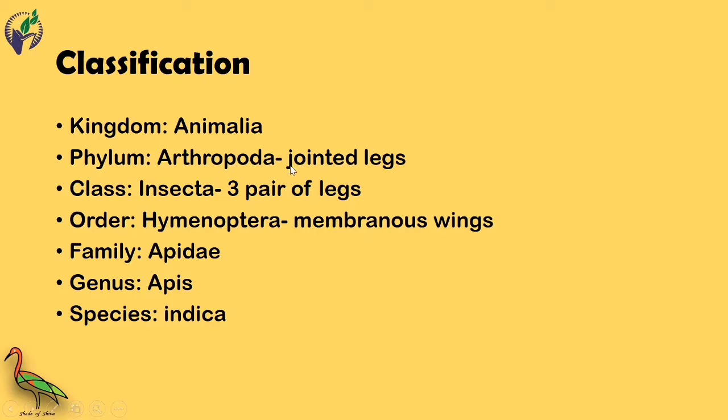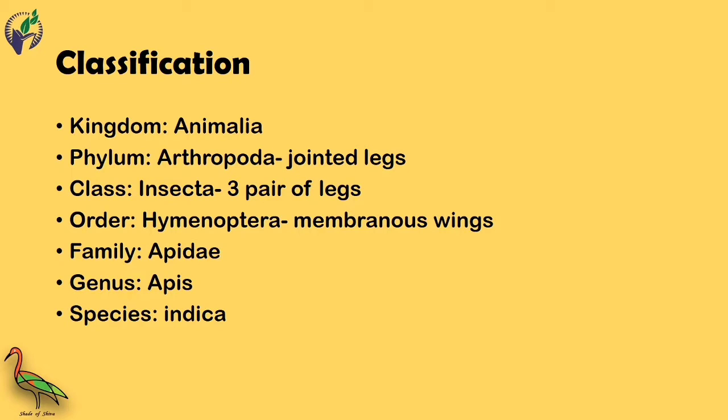Next one is classification. Please note down this classification. Honeybees belong to kingdom Animalia. Their phylum is Arthropoda. Arthropoda means jointed legs, as you all saw in the image of the honeybee. Their class is Insecta, meaning having 3 pairs of legs.